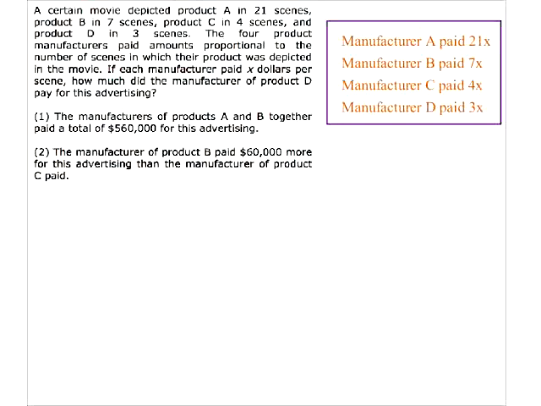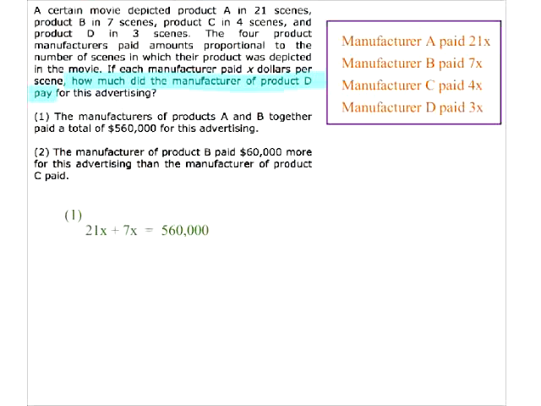So statement 1, the manufacturers of product A and B together paid 560,000. So that means that the total of 21x and 7x is 560,000. Remember, your goal is to find how much the manufacturer of product D paid.